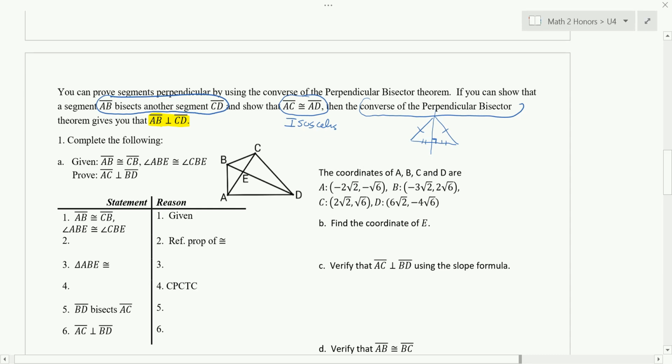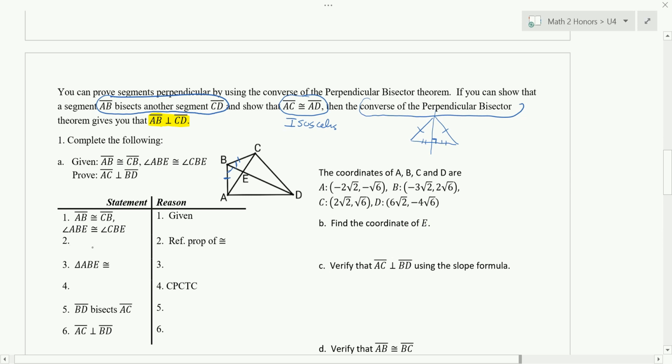We're given that AB is congruent to CB, and that angle ABE is congruent to CBE. That's all we're given. Based on that, we want to show that these diagonals are perpendicular to each other. Okay, and I have a partial proof for us to fill out here.